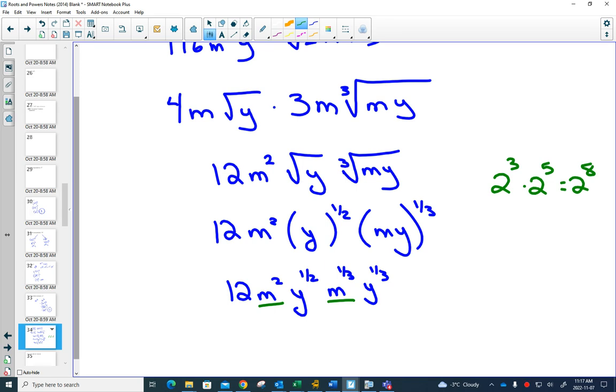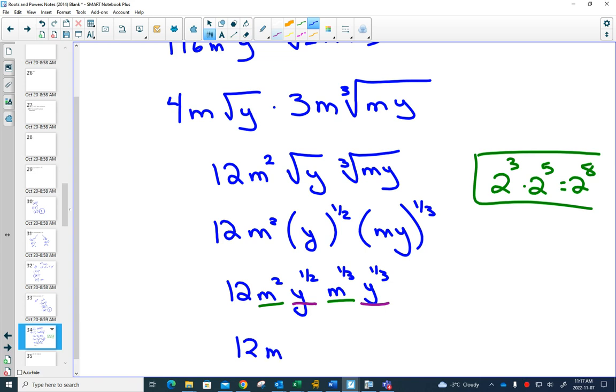You add them. Oh, okay, good. I still have 4. If your bases are the same, when you see this, this makes total sense. You need to know your laws well to be able to work with the fractions. And same thing here. These ones have the bases the same. So now I can write 12m.